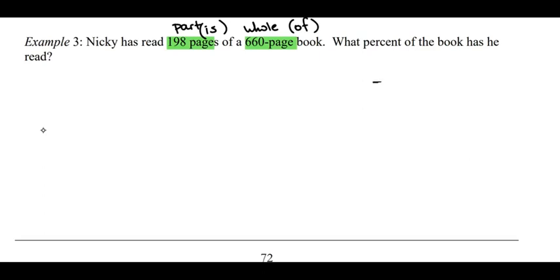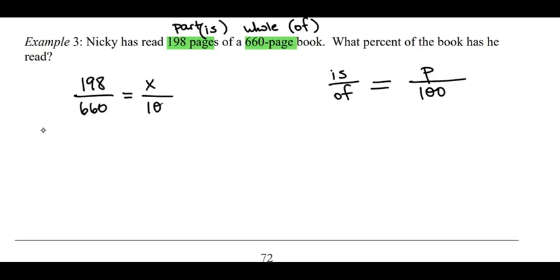So remember, for the proportion, I have 100, I have percent, I have is and I have of here. All right, so let's set it up. So I have 198 of 660 is what percent over 100? Always over 100. So I have 660x equals 198 times 100.